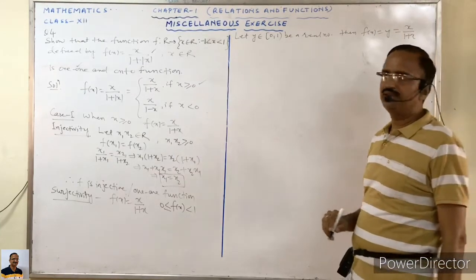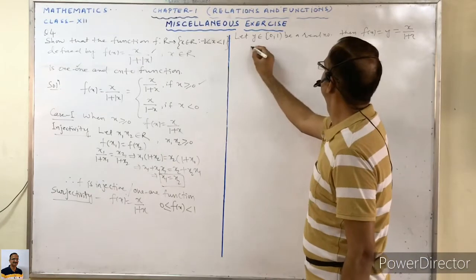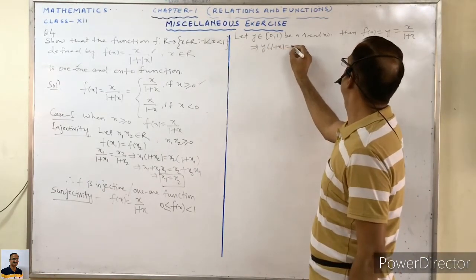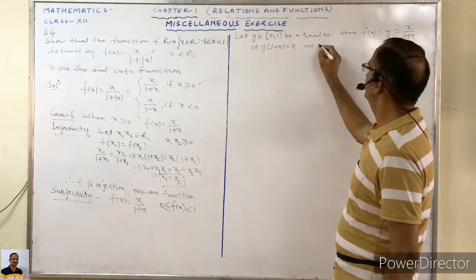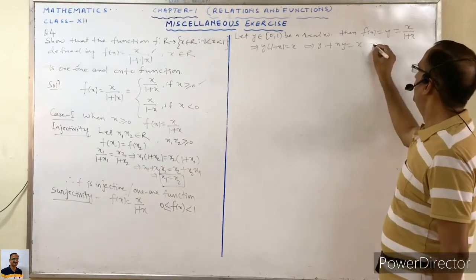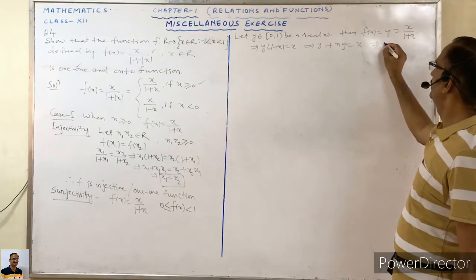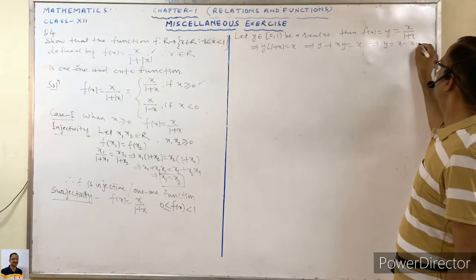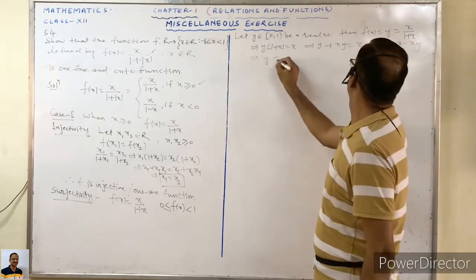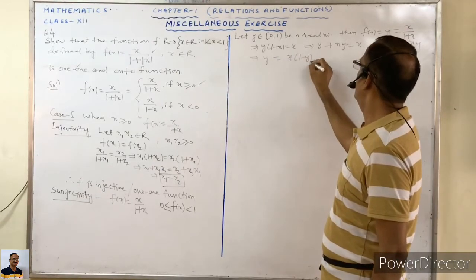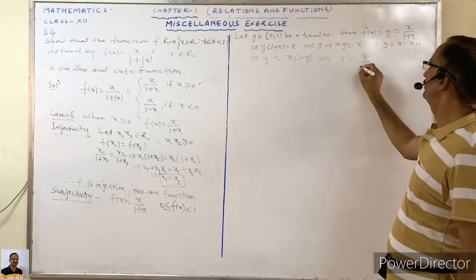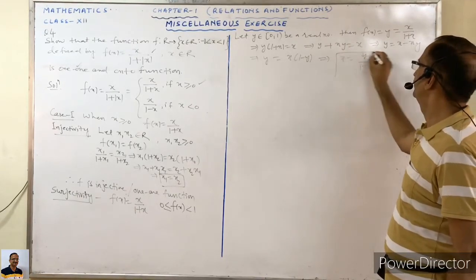By cross multiplication we will get y multiplied by (1 + x) equals x, and on further simplification we get y plus xy equals x, and then y equals x minus xy, and with the help of this we will get y equals x(1 - y), and finally we get x equals y upon 1 minus y.